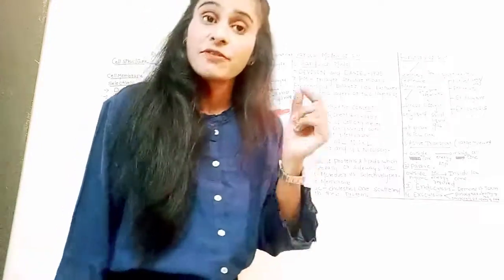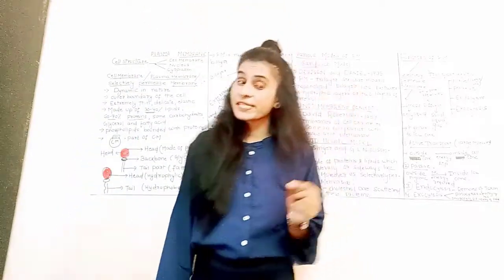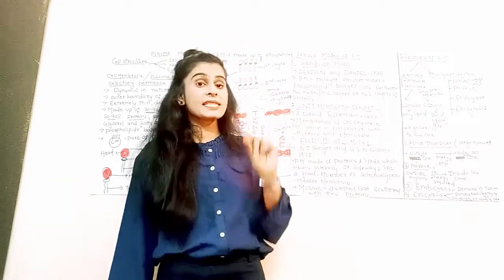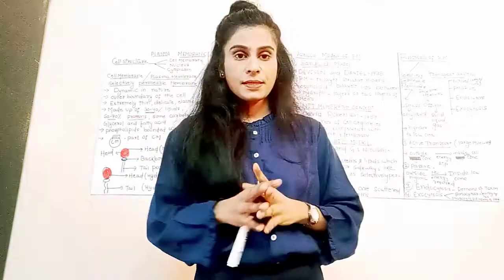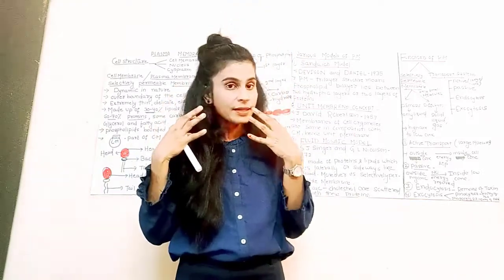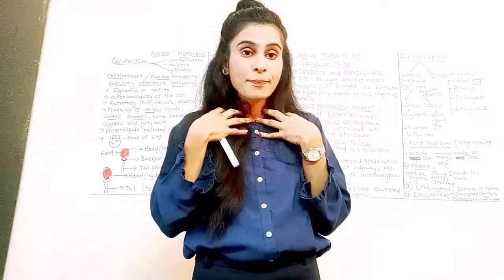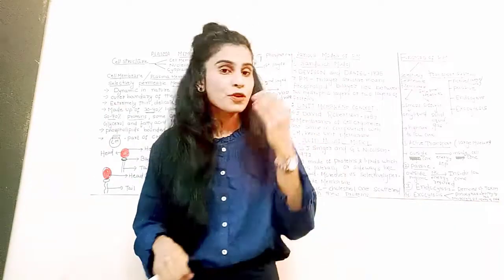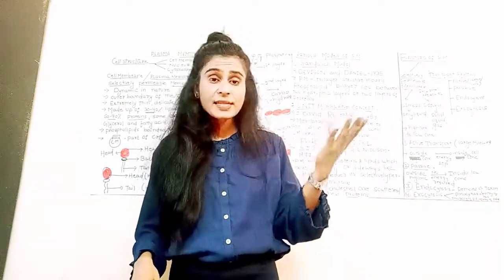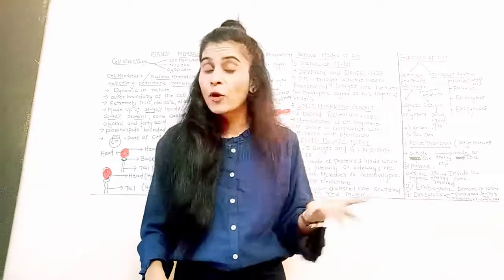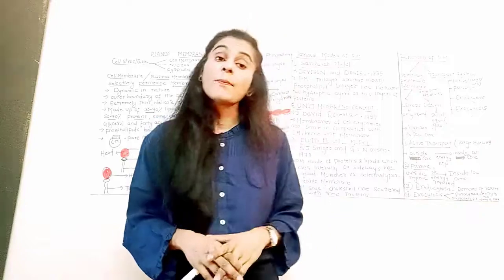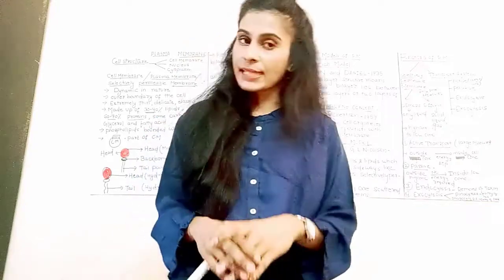Understood? When we observe a particular phospholipid, it has three parts: a head, a backbone and a tail. The head is made up of phosphate, the backbone of glycerol, and the tail of fatty acids.